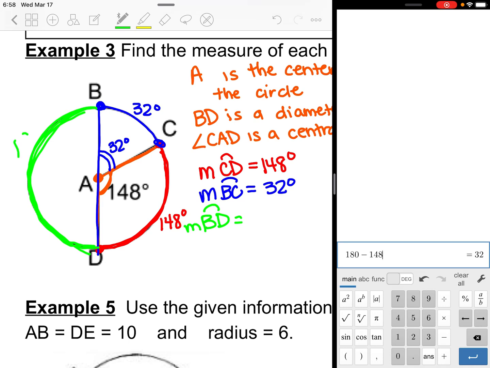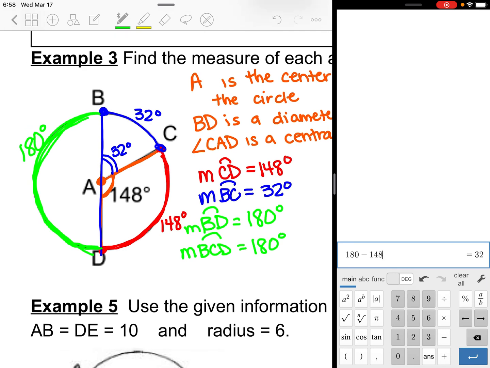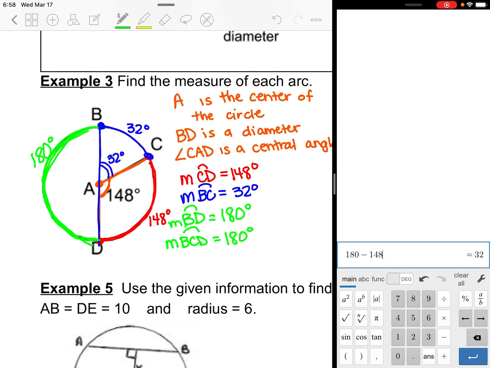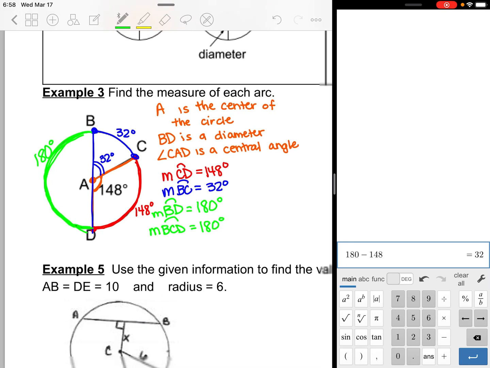So half of 360 is 180 degrees. So the measure of arc BD is 180 degrees. Since that's 180 degrees, if we look at the other side, if we name it BCD and go the other way around, that would also be 180 degrees. So it said find the measure of each arc, and we can do that by finding the sums.